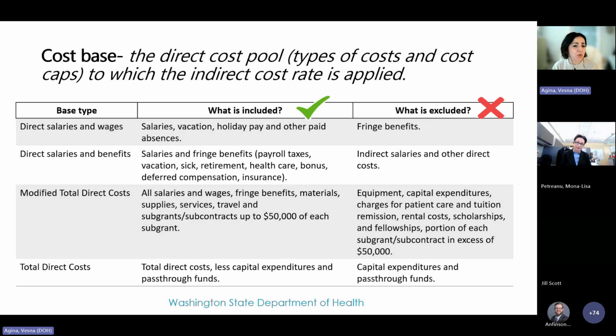So you will not be able to earn indirects on your rental costs. However, you can still allocate your rental cost based on your allocation methodology. And then the final base is total direct cost, which is kind of similar to modified total direct cost, except that you have to exclude the capital expenditures and pass-through funds.